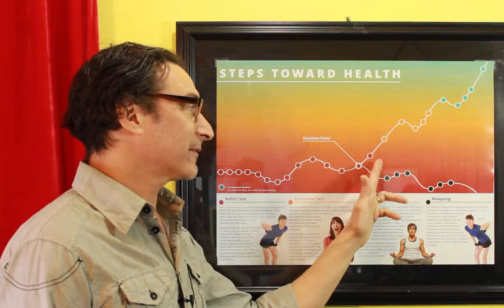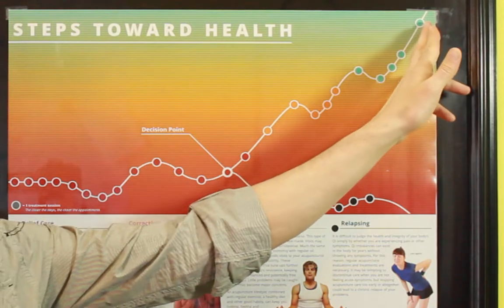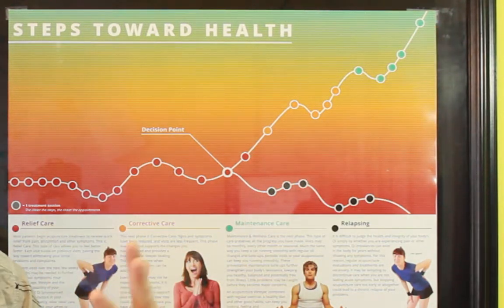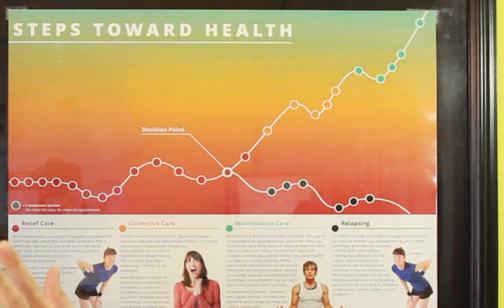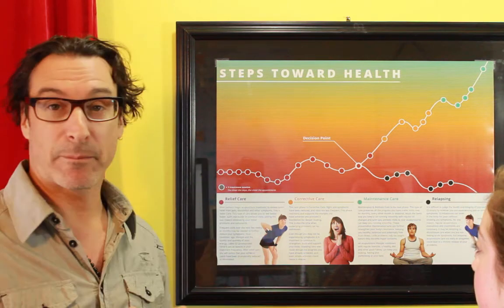So with this phase of care, the idea is to move them up into this place up here where they feel great, where you see them once every quarter for an acupuncture tune-up or a visit just to check in with them to see where they're at. So I'm going to walk you through this poster in detail and how I would explain it to a patient. So I'm going to go over an overview as to walking a patient through the steps of care poster.